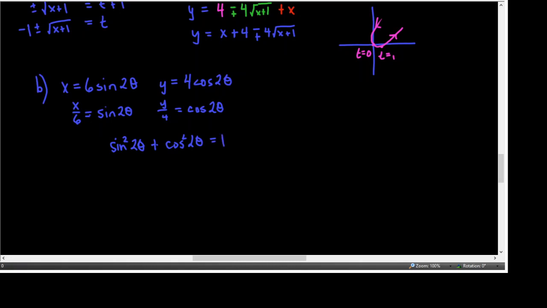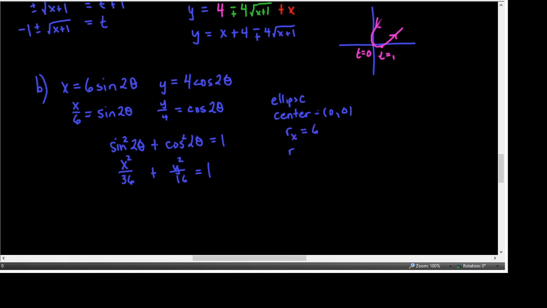So that means that by substitution, we get x squared over 36 plus y squared over 16 equals 1, which, of course, is an ellipse. Its center is at 0, 0. The x radius is 6.